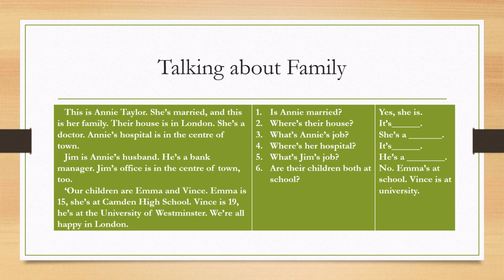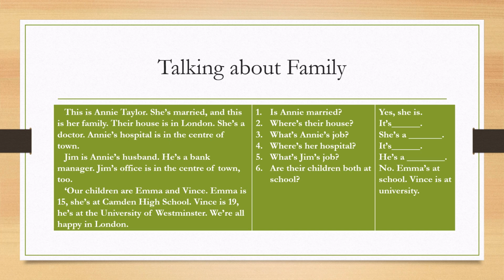1. Is Annie married? Yes, she is. 2. Where's their house? If you look at the text in the second line, it tells us, so we can easily complete this. It's in London. What's Annie's job? Let's look at the second and third line. It says that she's a doctor.